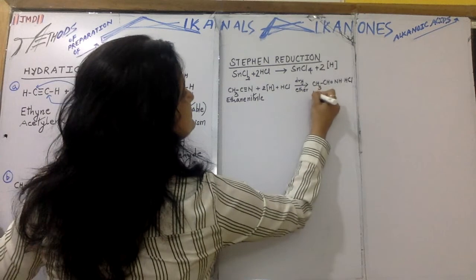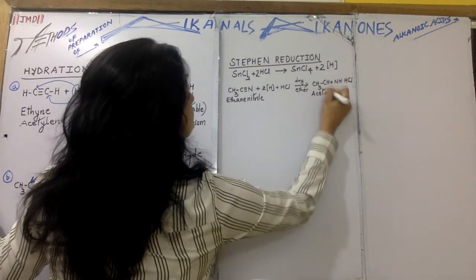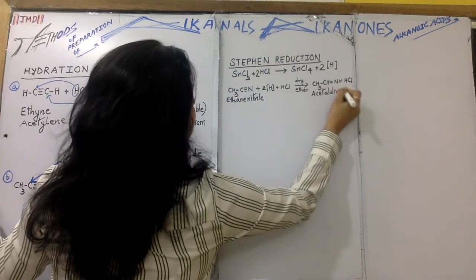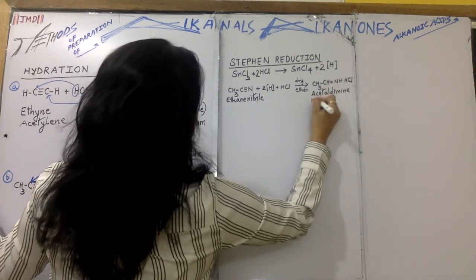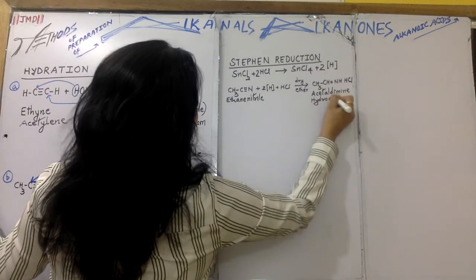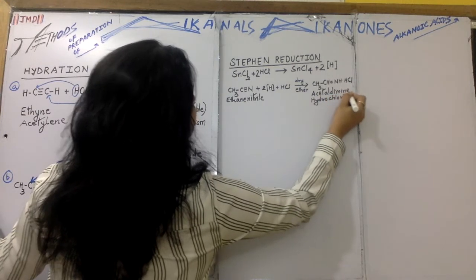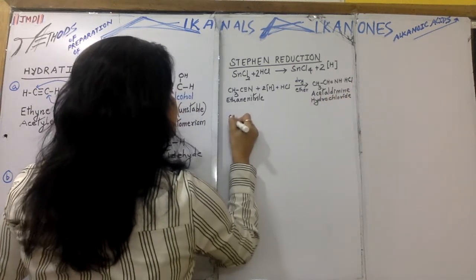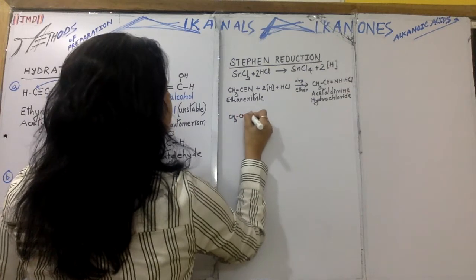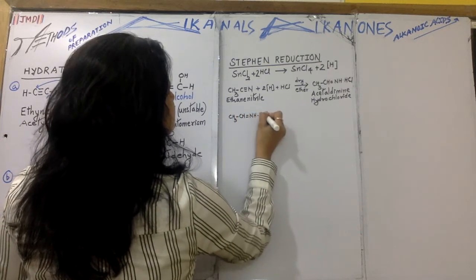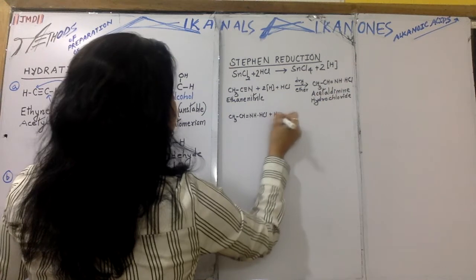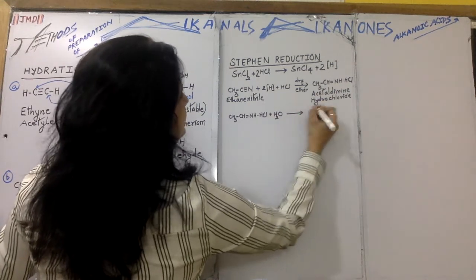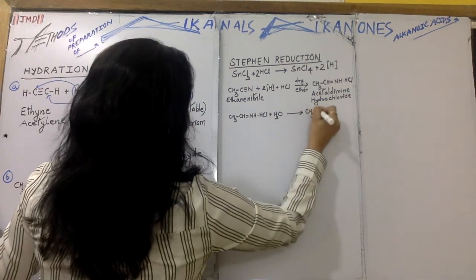This is acetaldehyde hydrochloride. Now this acetaldehyde hydrochloride on boiling with water gives acetaldehyde.